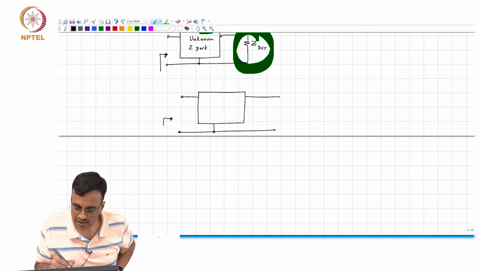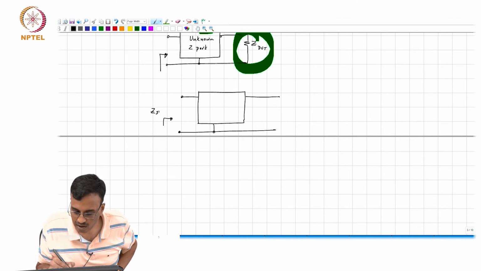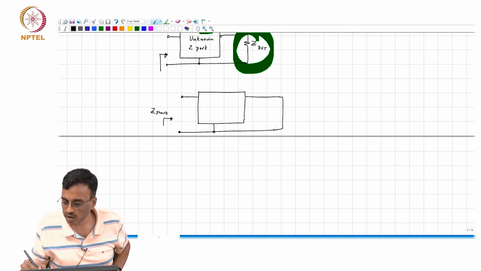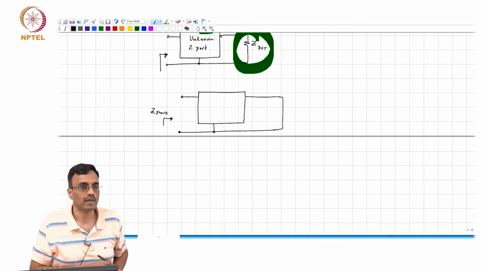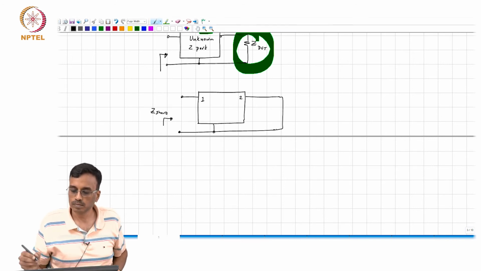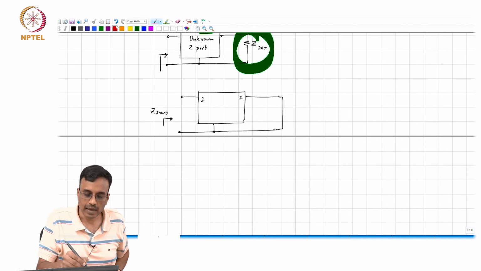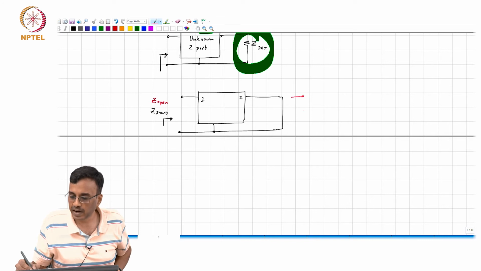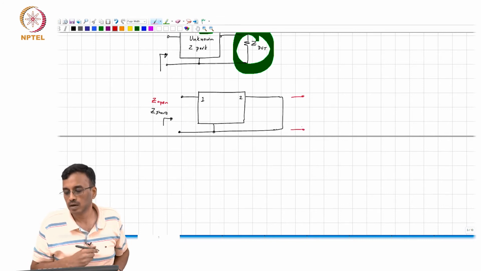So the first experiment is to measure Z short, where you short port 2. The second experiment is you find Z open when you open port 2.